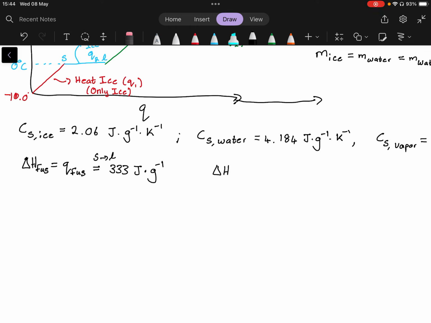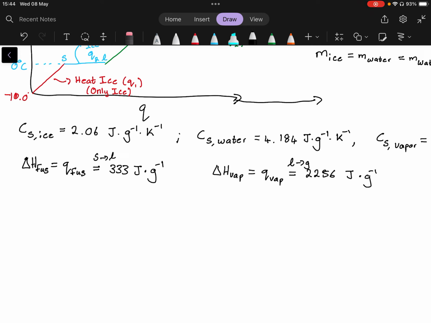And we also have the enthalpy of vaporization. So delta H vap, which is also sometimes called Q vap, is equal to 2256 joule per gram. And of course this is going from liquid to gas.